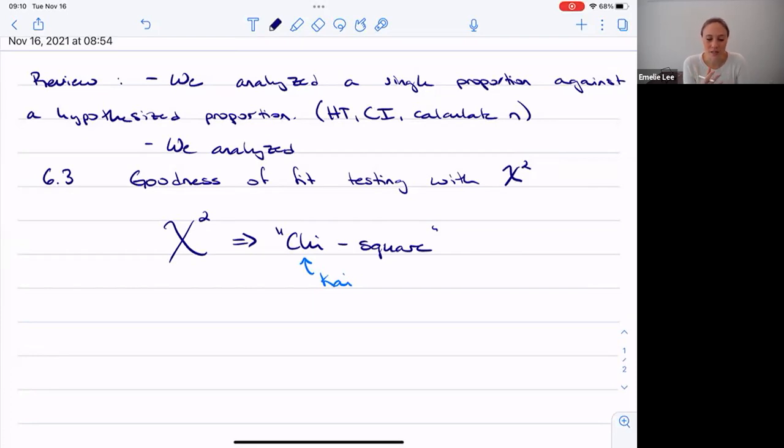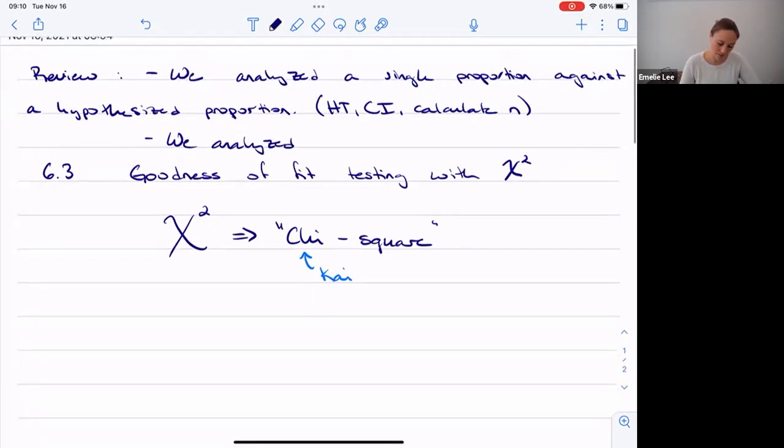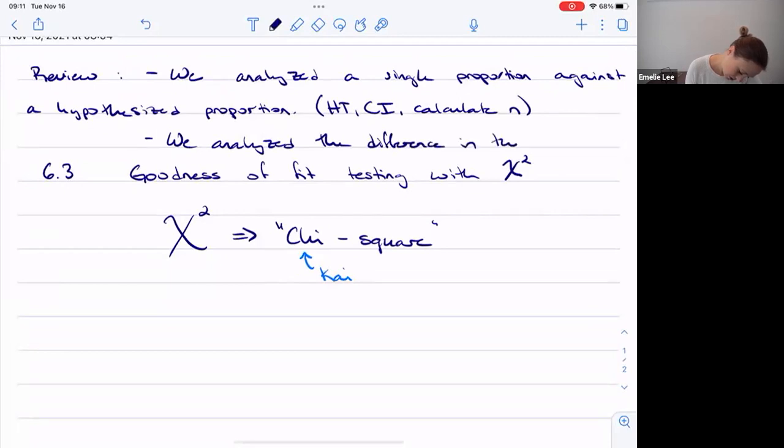So context tells you what the difference is coming from. I say difference there a lot, right? The difference as in p1 hat minus p2 hat, versus are they different from each other? That's all from last week. So we analyzed the difference in two proportions.